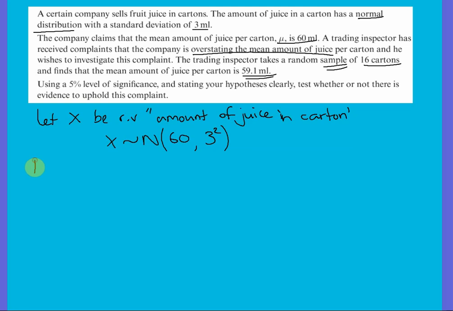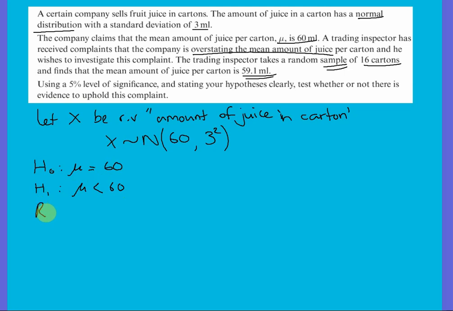So we need to write our null and our alternative hypotheses. The null hypothesis is going to be that the population mean is 60, and the alternative one, well, they're saying that they're overstating, so that they're believing it's actually less than 60. So you can see this is a one-tailed test.